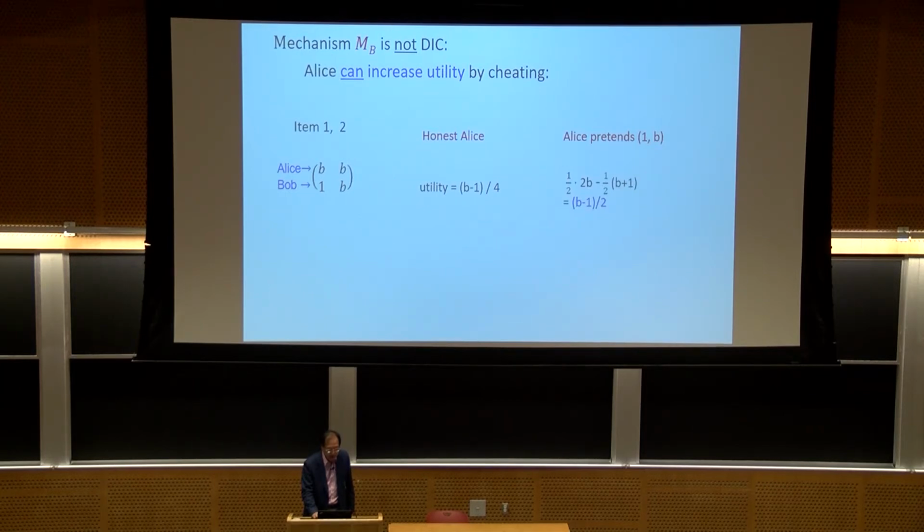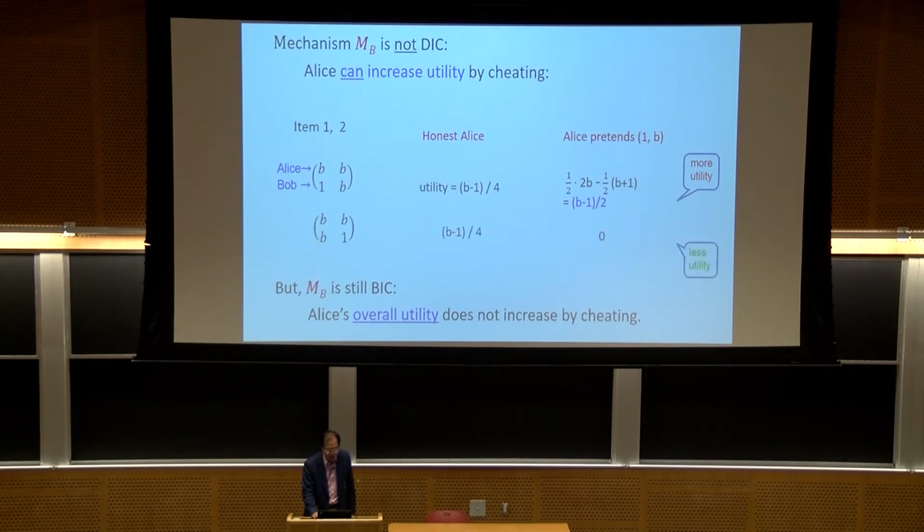And furthermore, you notice that the mechanism MB is not dominant incentive compatible. If you look at it, the honest Alice gets utility of 1/4 in this particular circumstance, and if she pretends to have the valuation of 1B, then she gets a utility twice as big as it would have been. But MB is still Bayesian incentive compatible because her overall utility does not increase by cheating.